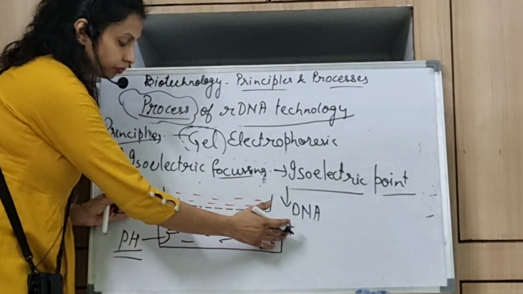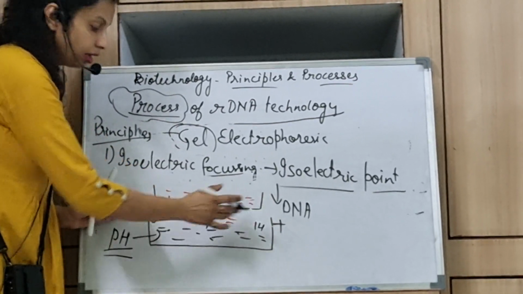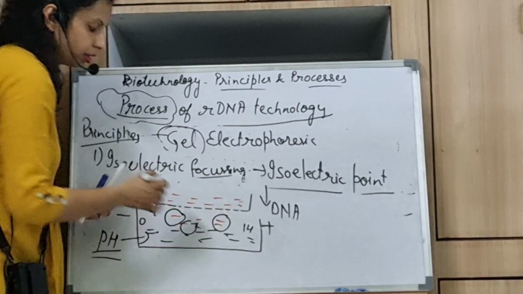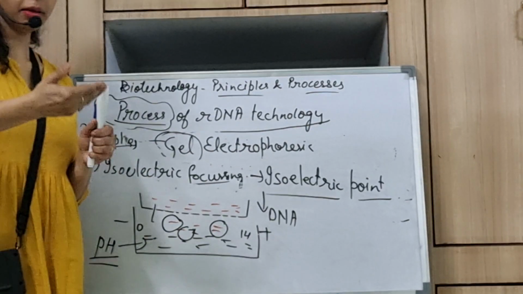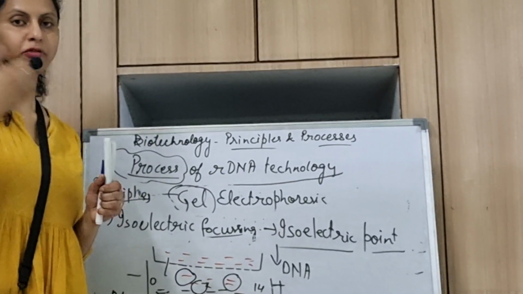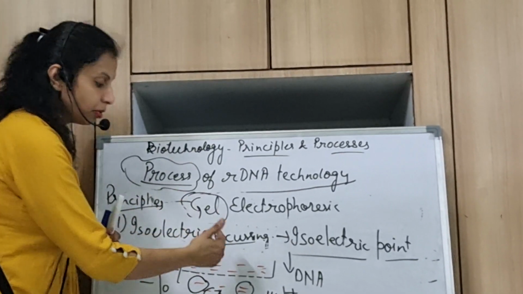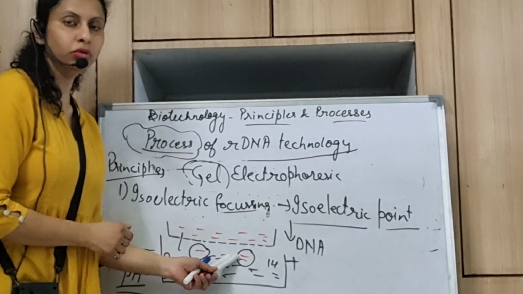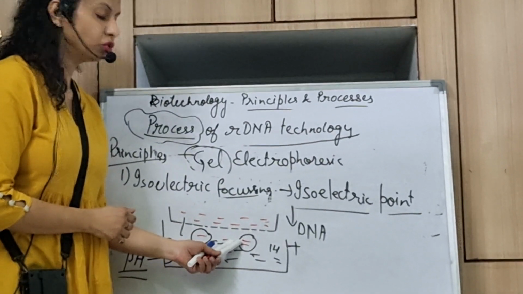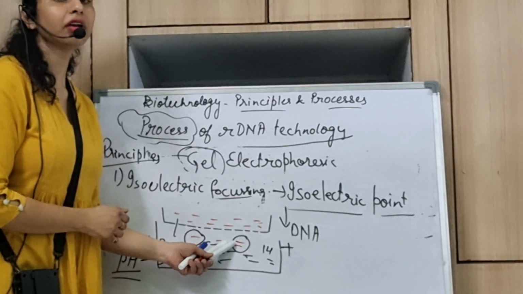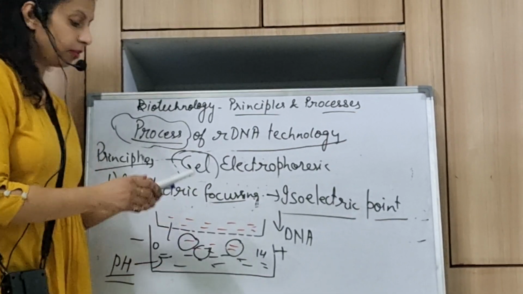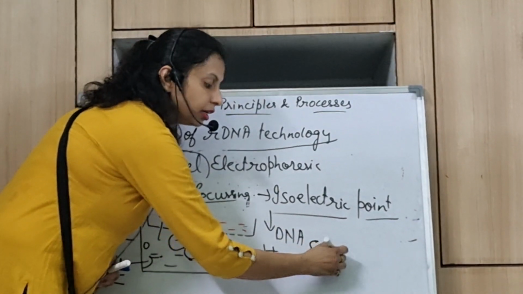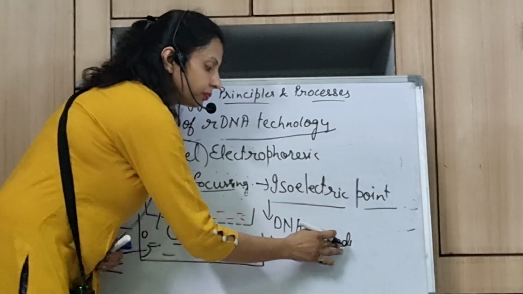The DNA, once separated, can be scooped out the way ice cream is removed with a scoop. Here I have shown the DNA appearing red, and to give colored DNA we use the substance called ethidium bromide.